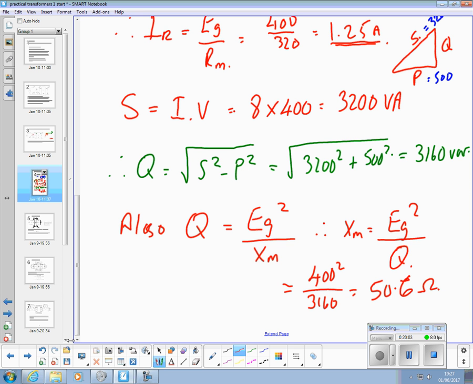So far, looking at A, B and C, we've found the reactive power, Q, there. We've found Xm, there. Rm earlier. Okay, we've found IR.